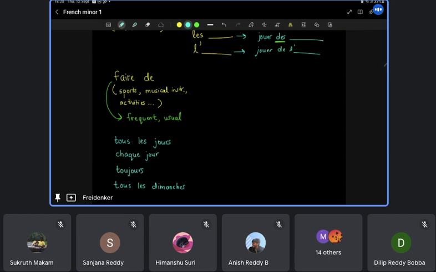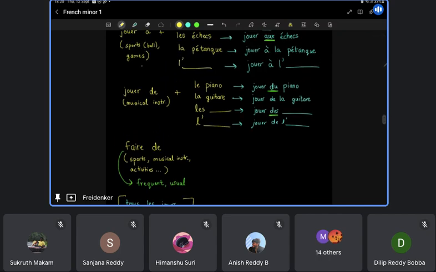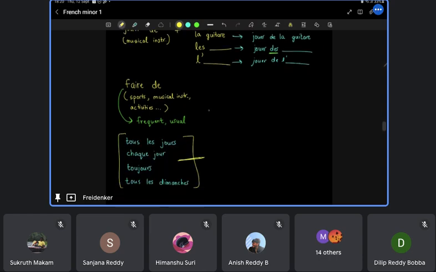So that is also a mark of frequency or something that you do usually. So words such as these will hint you towards using faire, but sometimes both the answers could be correct. You could either use faire de, or you could use jouer à or jouer de. But usually if you have these words you should go for faire.